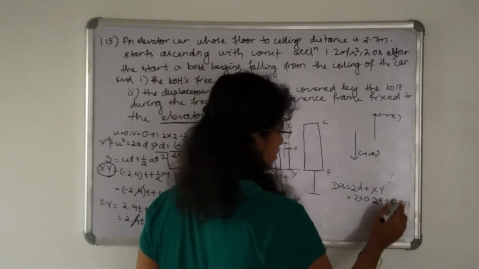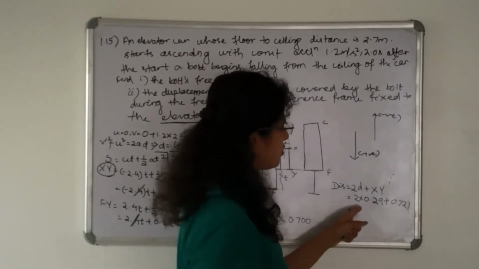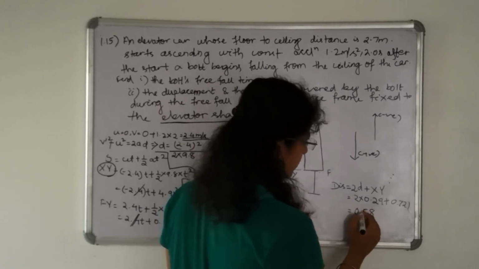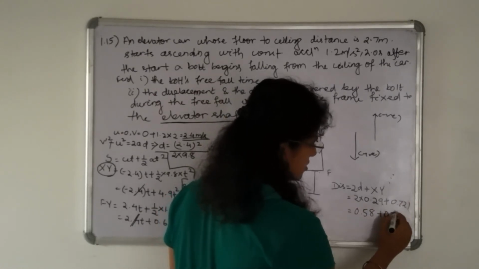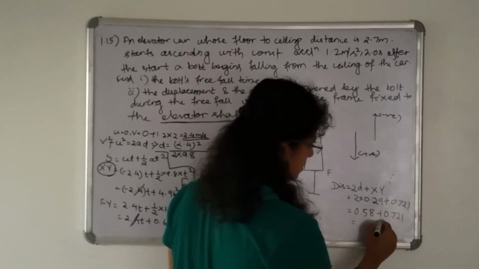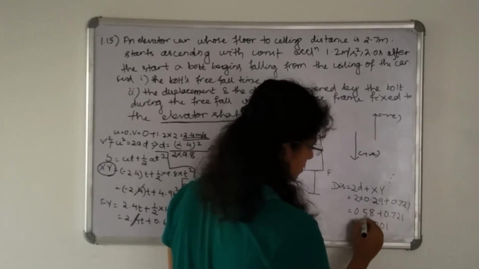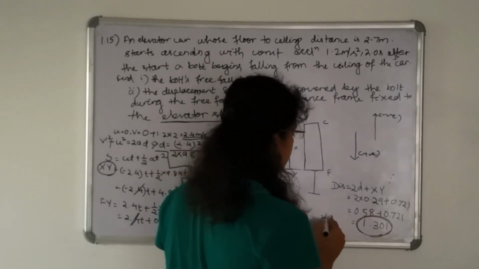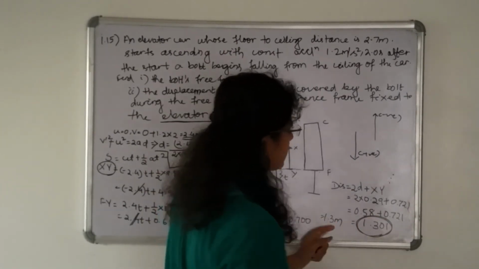And 2 into 0.29 is 0.58, plus 0.721, so it is 1.301. Round this up and it comes across 1.3 meter.